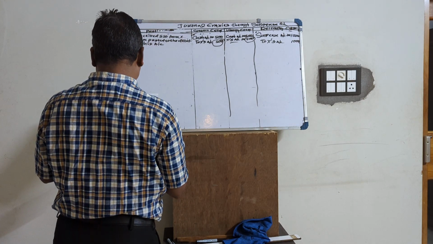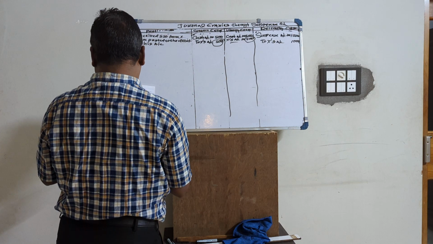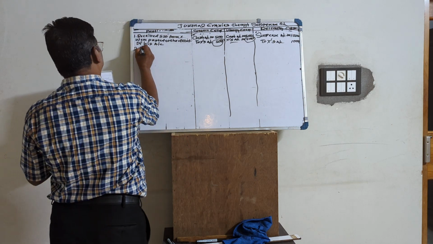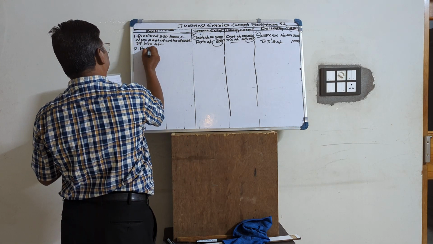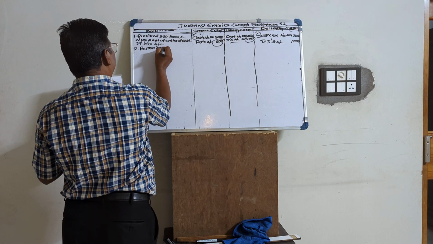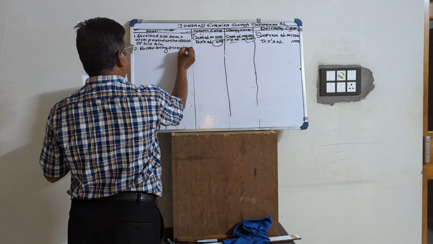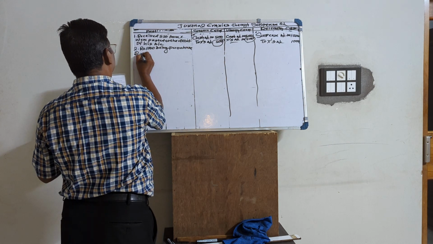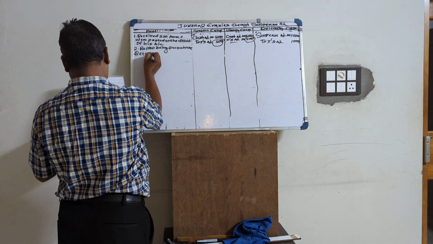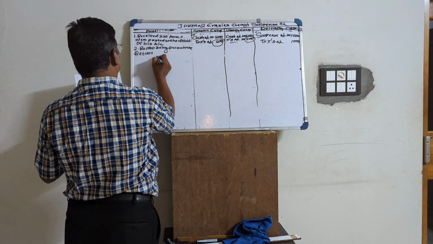Then second: rupees 1000 being purchase return were posted to the debit of purchase account.